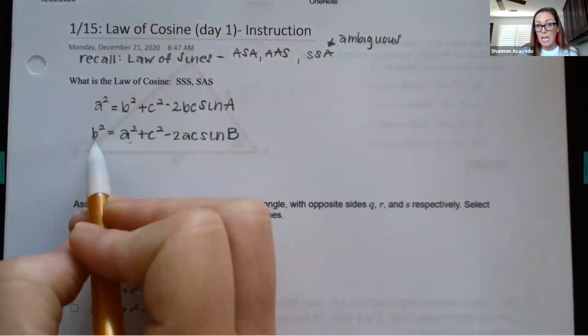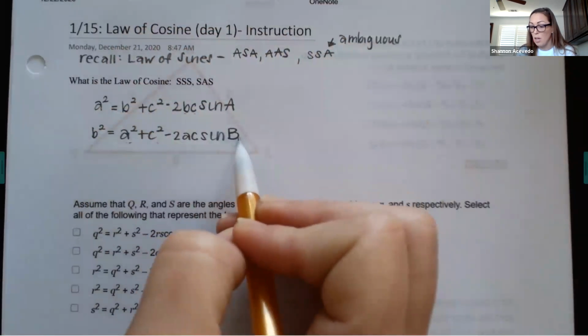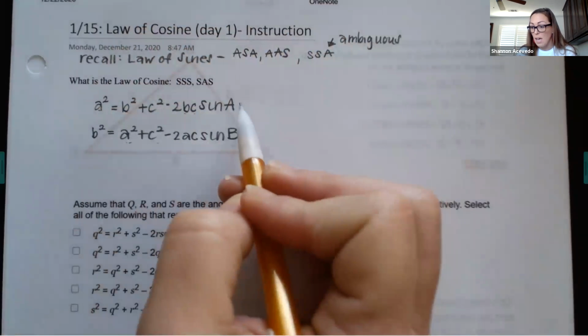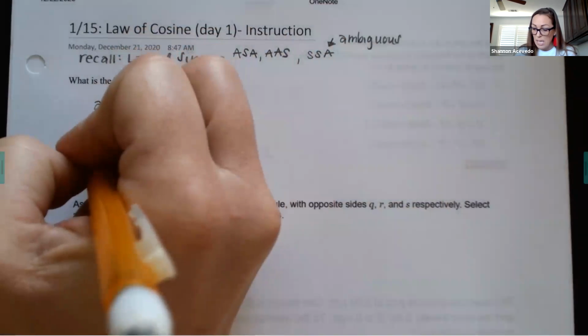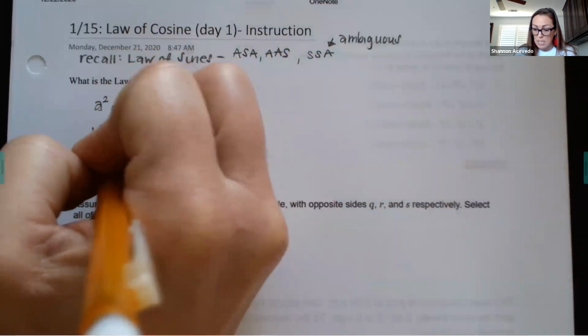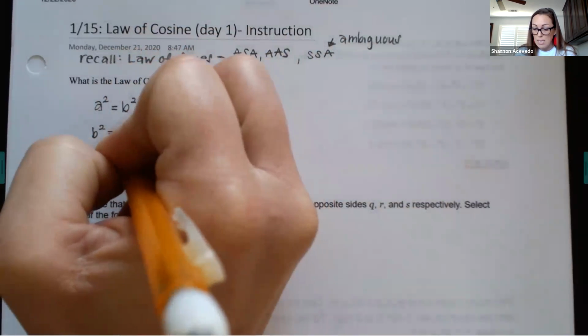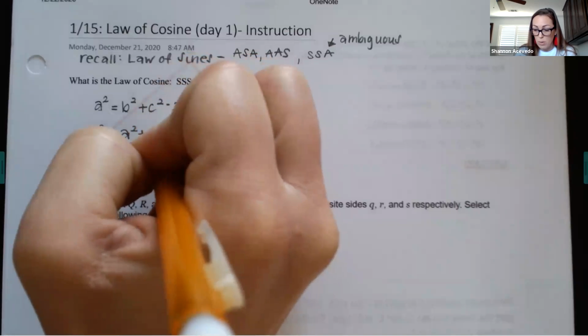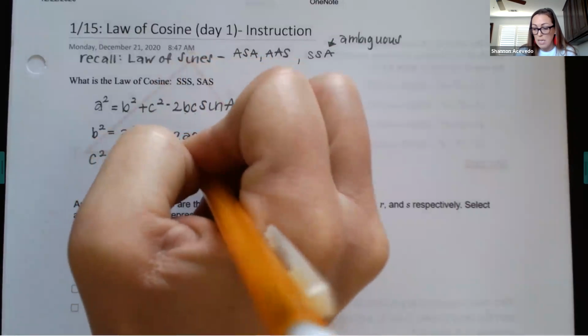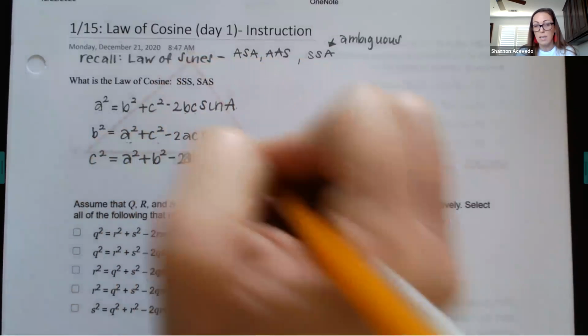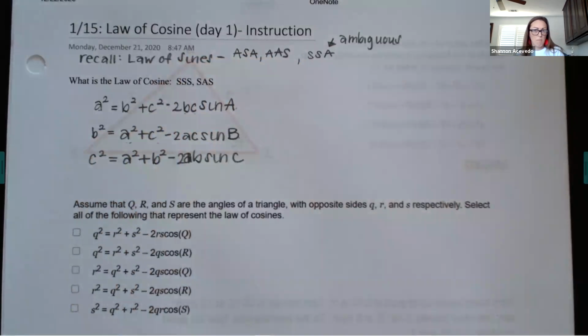So if I'm looking for side B, I need to know angle B. If I'm looking for side A, I need to know my angle A. Very similarly, C squared is equal to A squared plus B squared minus 2AB sine of C. These are all the same formula. It's just different ways to look at it.